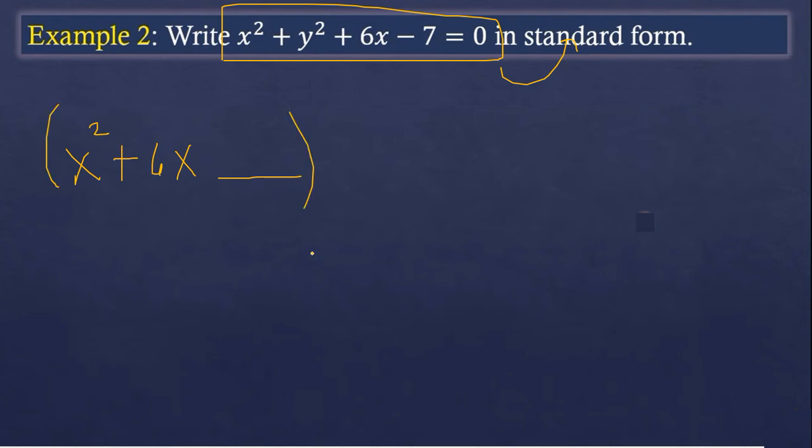Kasi ang tawag natin dito is completing the square. Then, plus y squared. Kung titignan nyo, walang partner yung y. Minus 7 na siya agad. Okay? And then, yung negative 7 na yan, i-make sure po na ilagay natin sa labas.